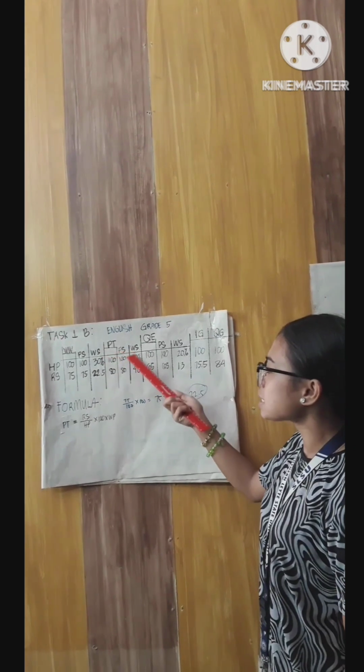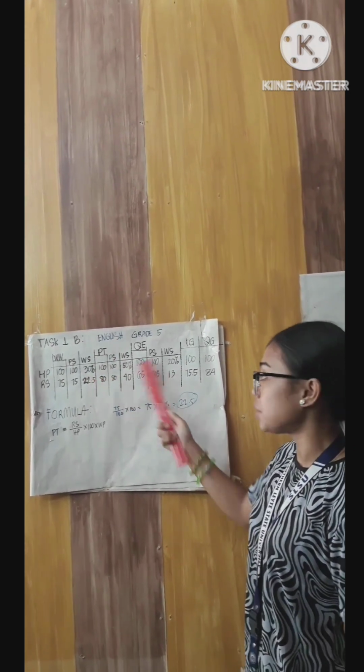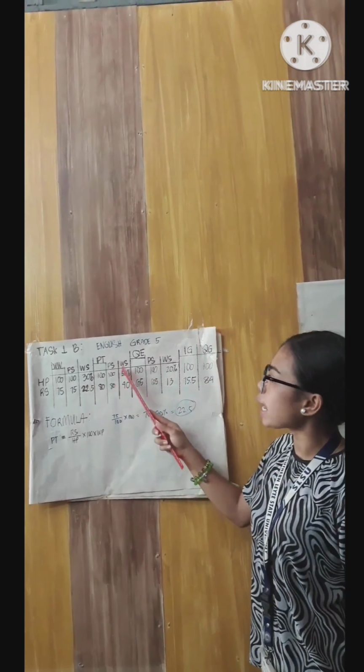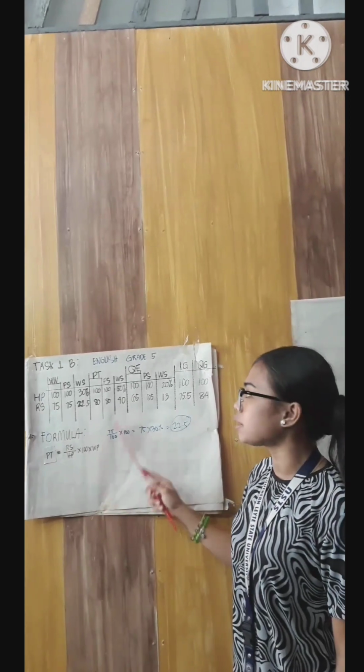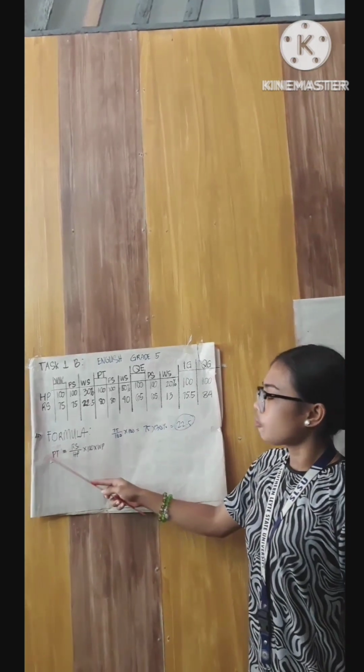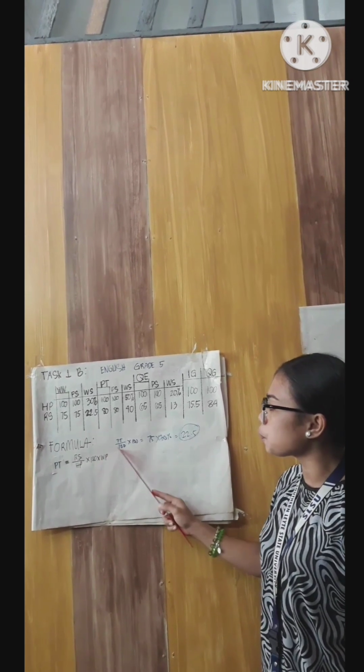For the performance task, we have the raw score of 80 and the highest possible score of 100. To get the possible score and the weighted score, we use the same formula given in the written work. Performance task equals RS over HP times 100 times WP.